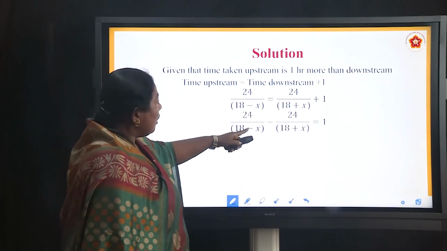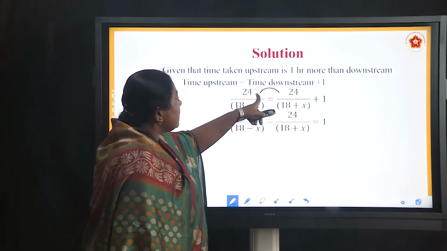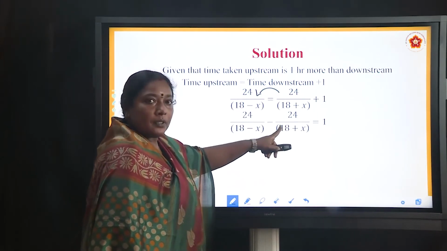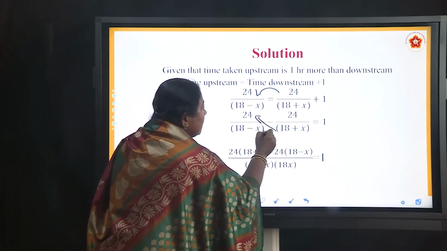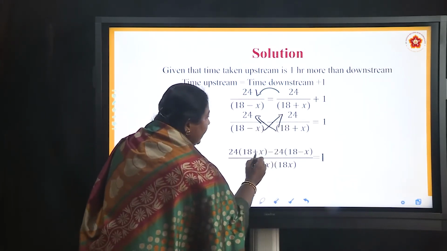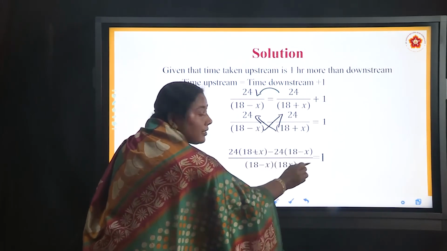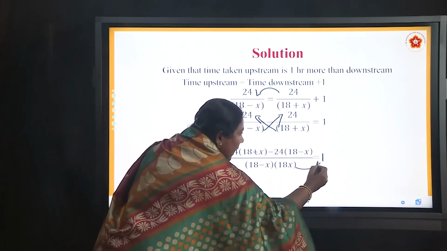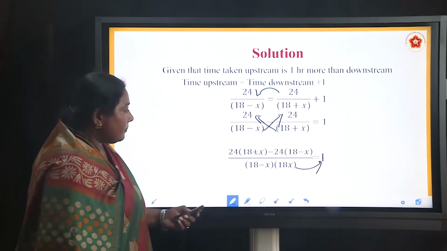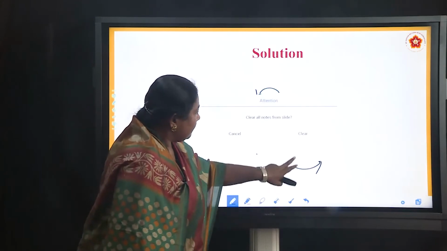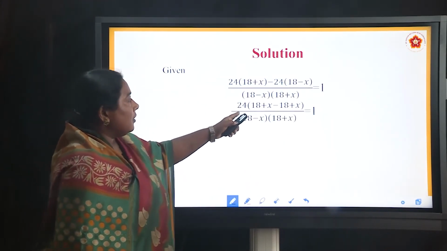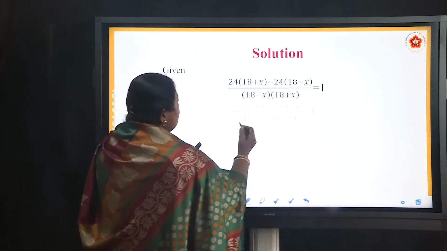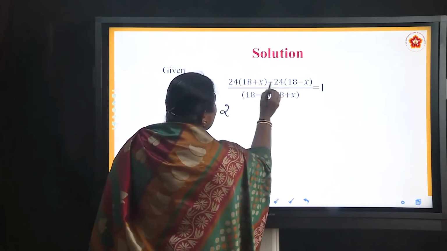We got this. Now move this side, so it will become minus. Now take the LCM, cross multiplication. So 24 into 18 plus x minus 24 into 18 minus x is equal to 1. Next, again on cross multiplication. So 24 is there in both places.